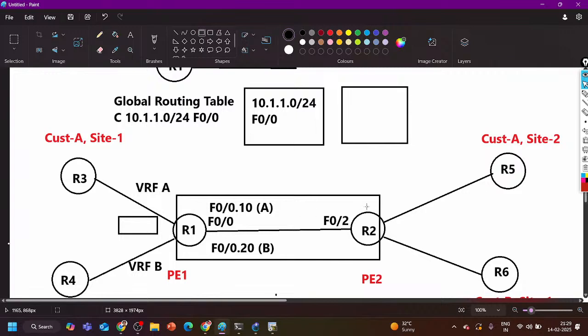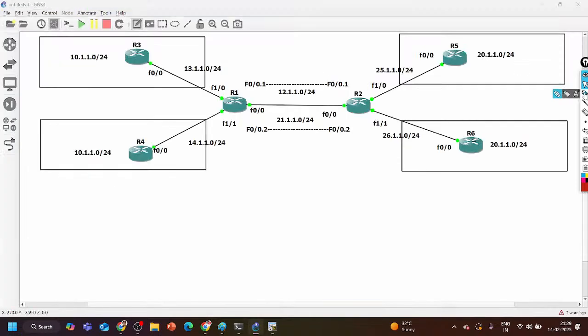We are running the same subnet on the link, like here you can see. On this interface and this interface, the IPs belong to the same subnet. Here we can have multiple routers, doesn't matter.